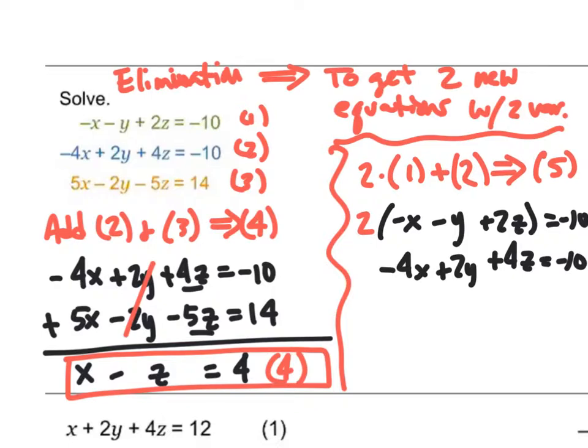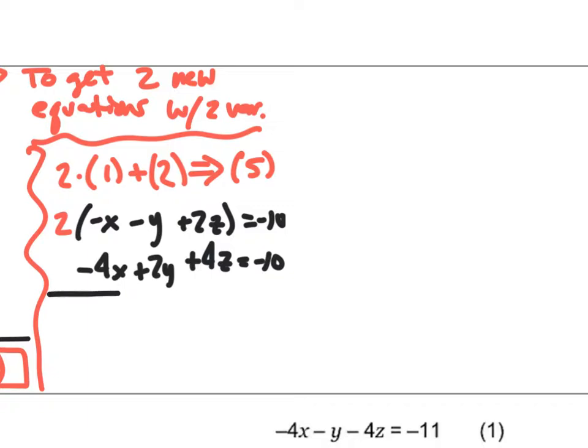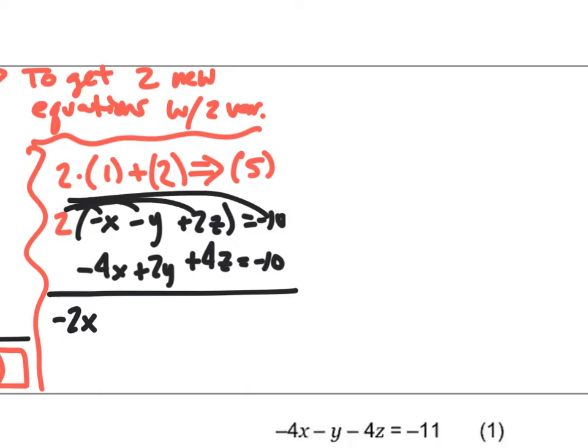Okay. As a result, here's what we get. I'm going to get negative 2x, distributing this 2 into all of it, minus 2y plus 4z is equal to negative 20.